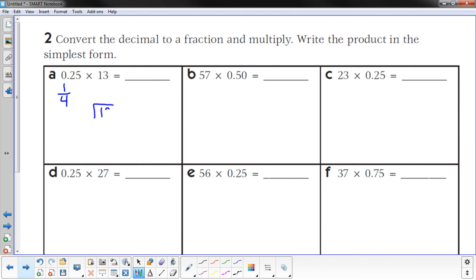So you'd have to do this. How many 4s go into 13? 3. I need a 0. Bring the 0 down. Put the decimal here. How many 4s go into 10? 2.